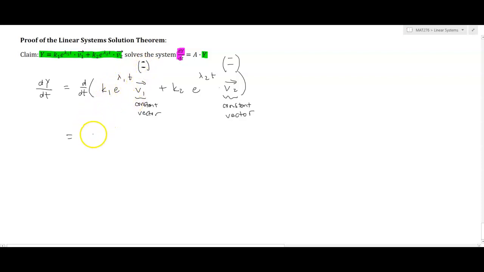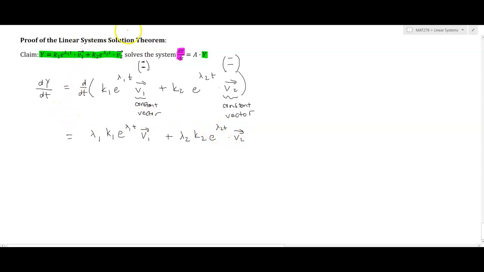To take the derivative, lambda 1 will come down because, using the chain rule, it's the derivative of e to the lambda 1 t. So it's going to be lambda 1 k1 e to the lambda 1 t, and since v1 just contains constants, those constants are going to stay there. We're not adding constants, we're scaling by constants. Same thing for the second term: lambda 2 k2 e to the lambda 2 t times v2.